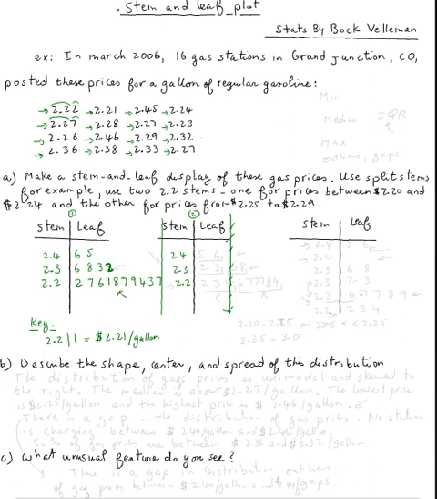For 2.2, I get 1, 2, 3, 4, and 6, then three 7s and then 8, 9. For 2.3, I put these in order: 2, 3, 6, 8. And for 2.4, I put 5 and 6.